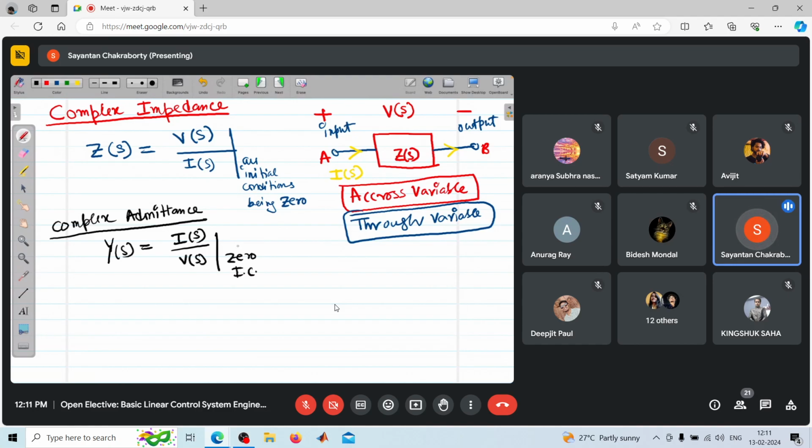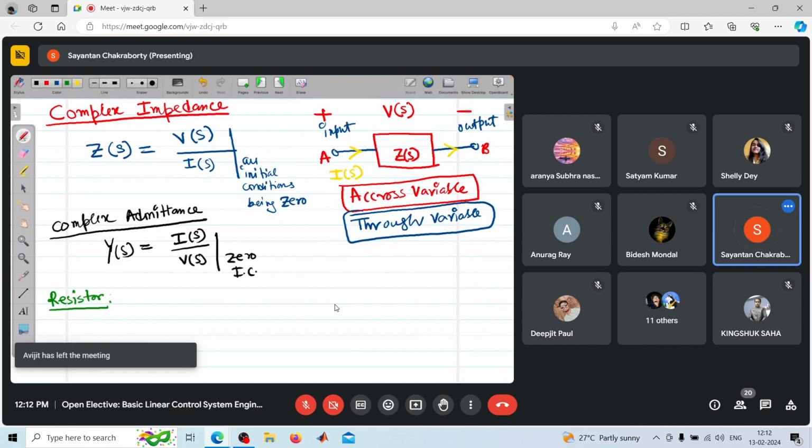So it is basically output by input, and you may assume the through variable to be output or the across variable to be output, depending upon whether you are deriving the impedance or admittance.